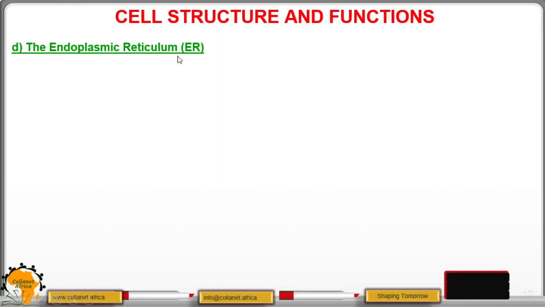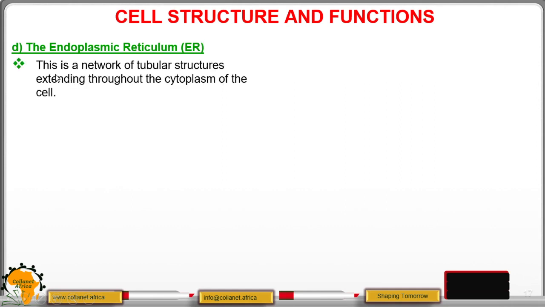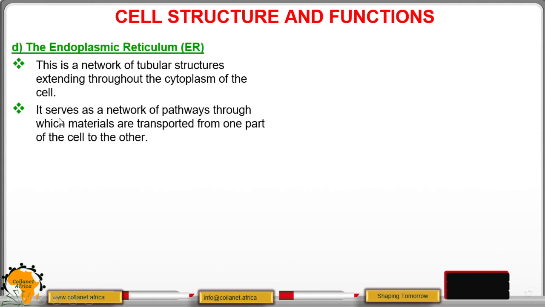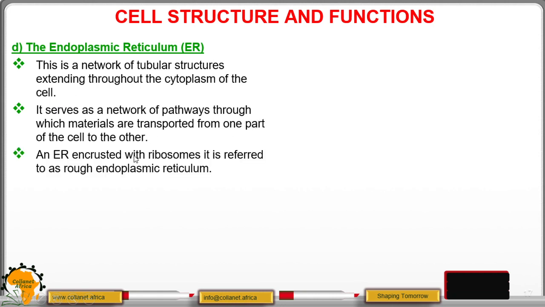The endoplasmic reticulum, abbreviated as ER, is a network of tubular structures extending throughout the cytoplasm of the cell and serves as a network of pathways through which materials are transported from one point to another in the cell.